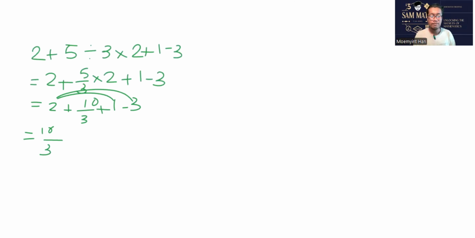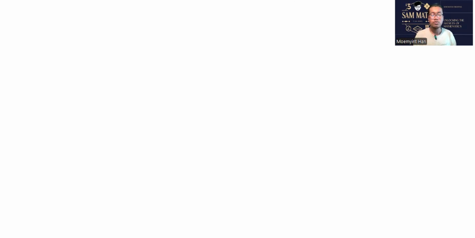Let's say we encounter something like this: 3 plus 1, to the whole power of 3 times 2 minus 1. According to PEMDAS, we do parentheses first. So 4 to the power of 2 times 2 minus 1.